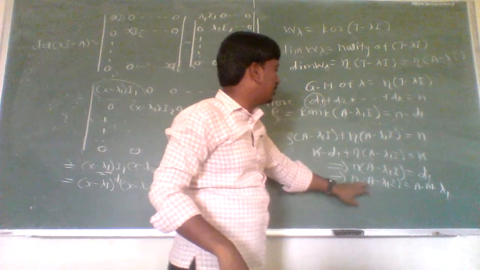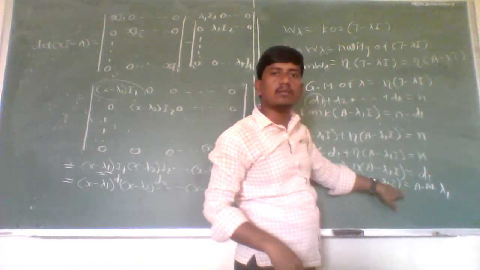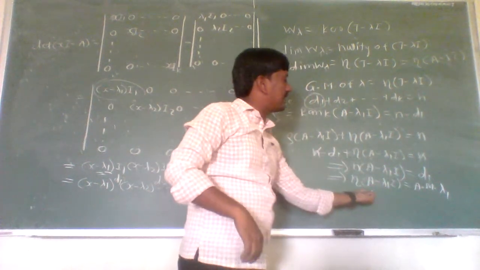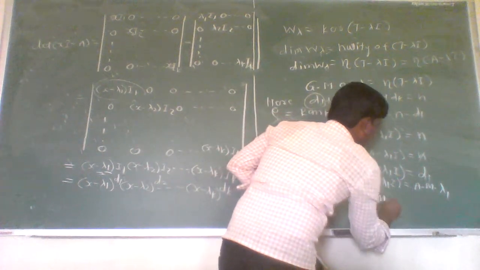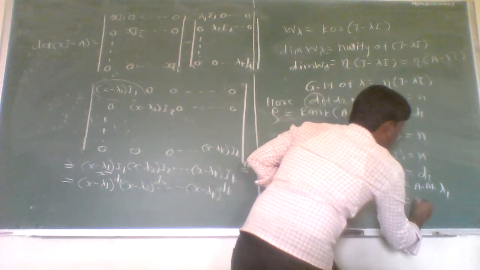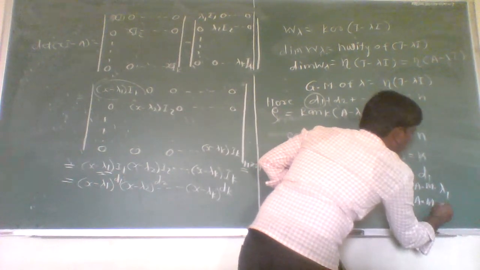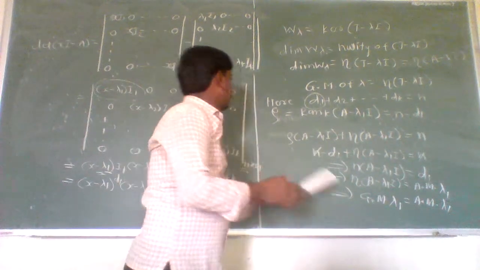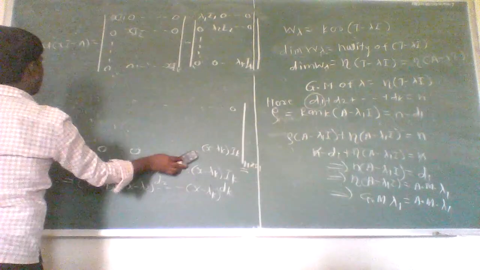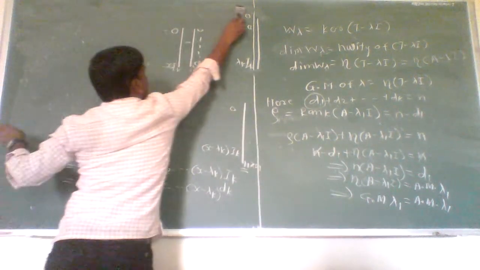From this, the geometric multiplicity of lambda 1 is equal to the algebraic multiplicity of lambda 1. This is for particular lambda 1. Similarly, we can find it for all the eigenvalues.